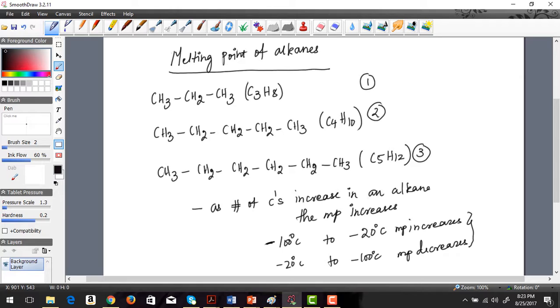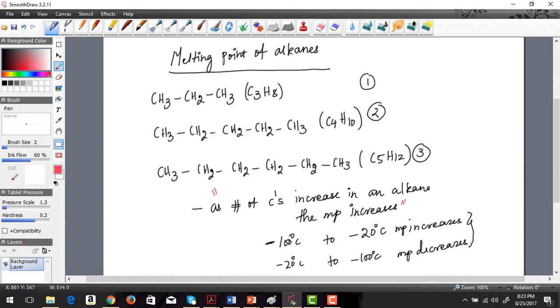I don't want you to confuse this with how you use increases and decreases in your daily life. So coming back to our statement, as the number of carbons increases in an alkane, the melting point increases, right? And I said quite the opposite for boiling point, where as the number of carbons increases in an alkane, the boiling point decreases, and in melting point it increases, right?